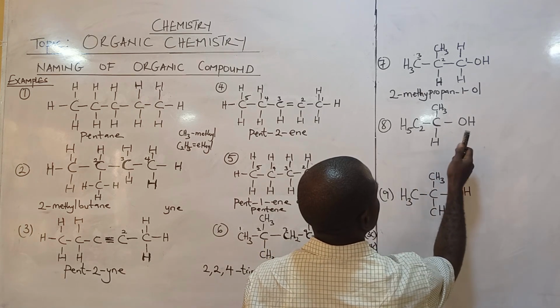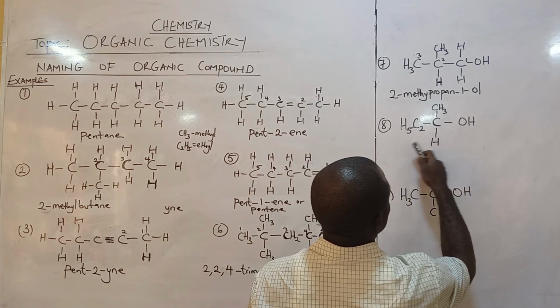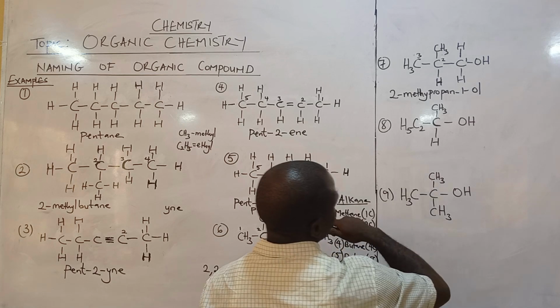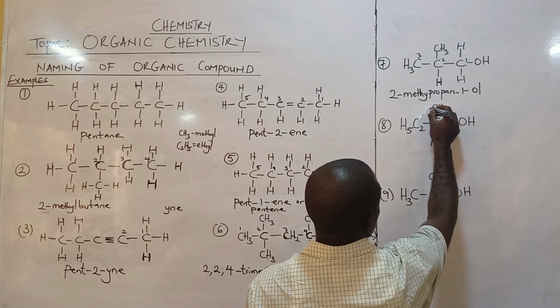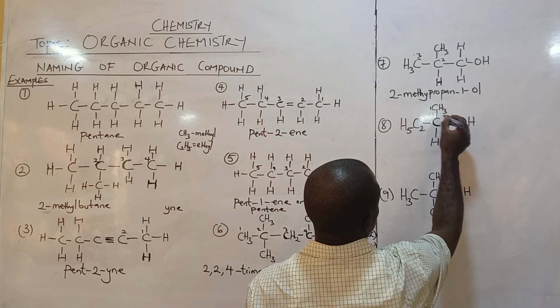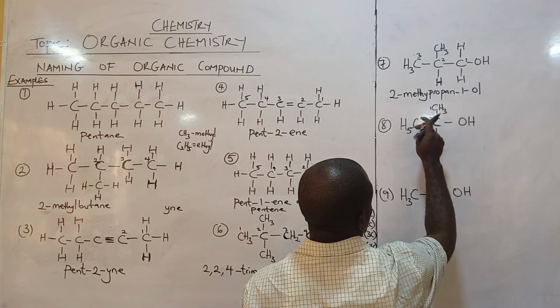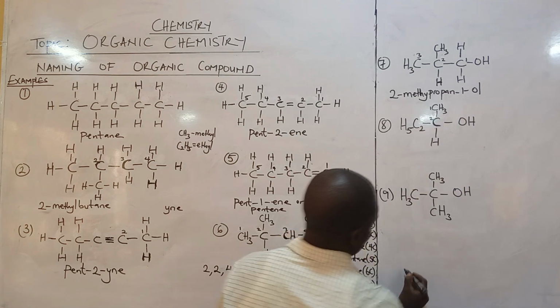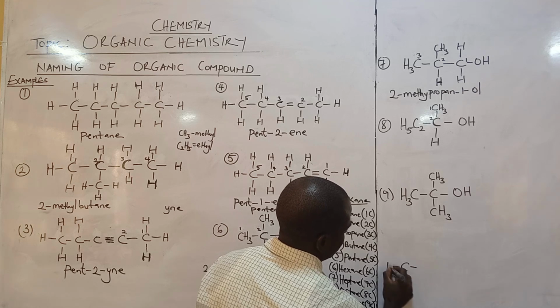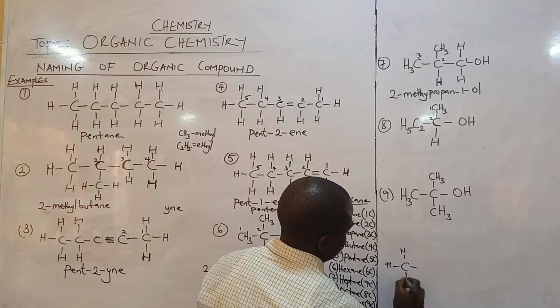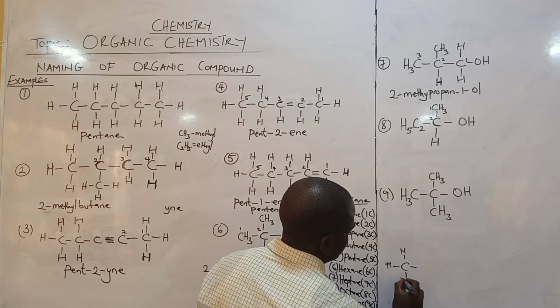Let's see the next one. We look for the longest chain. You can see it starts from here. 1, 2, 3, 4. It can be written like this. We have 5 hydrogen and 1 carbon.